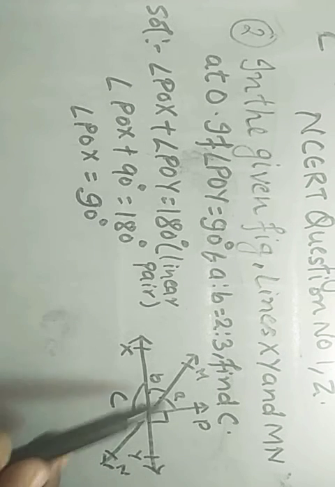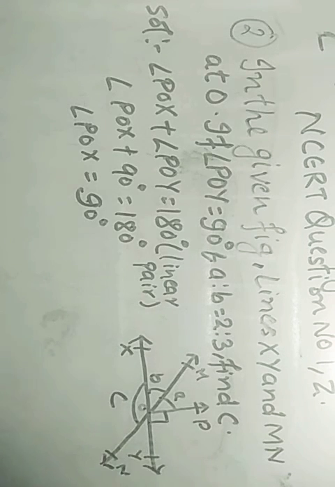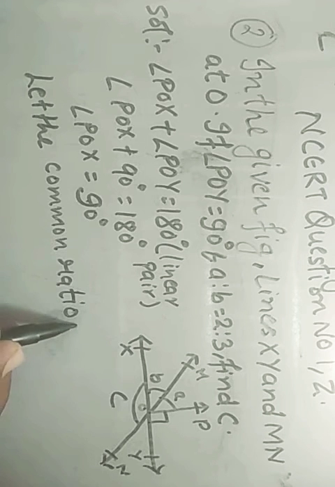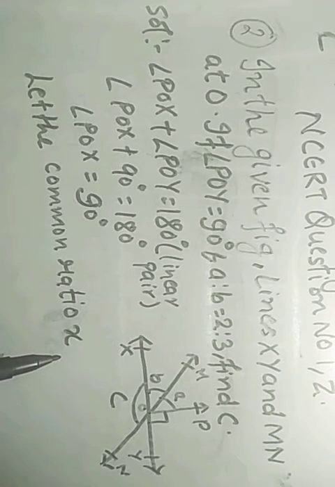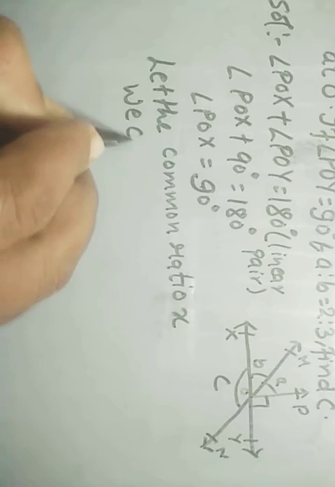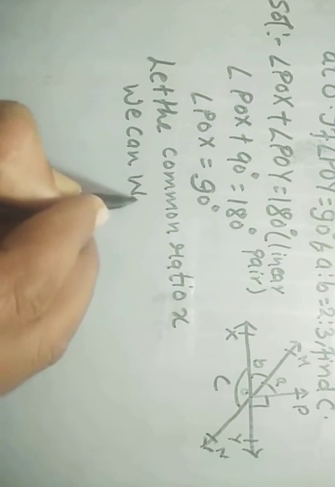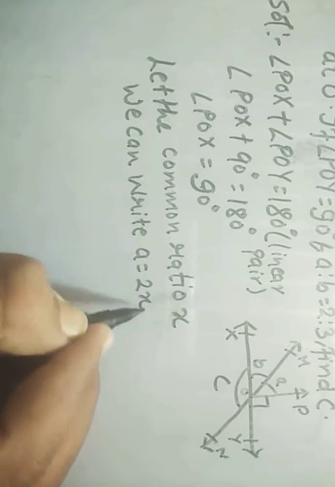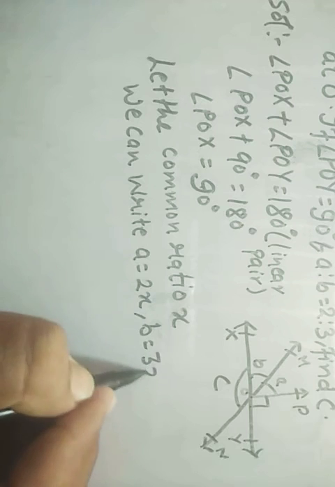Now it is given that A to B is equal to 2:3, so let the common ratio be x. We can write A is equal to 2x and B is equal to 3x.